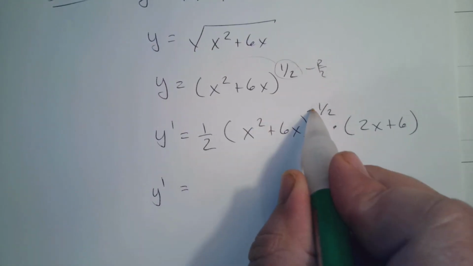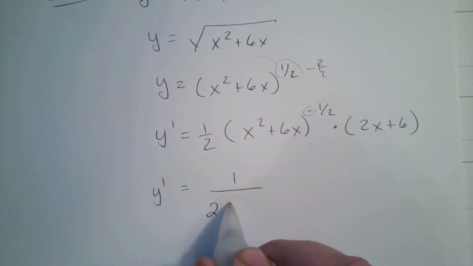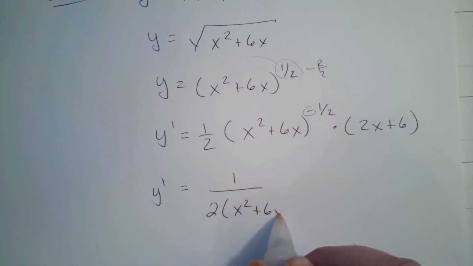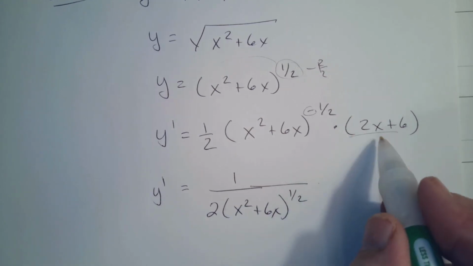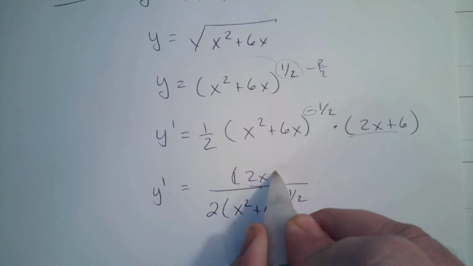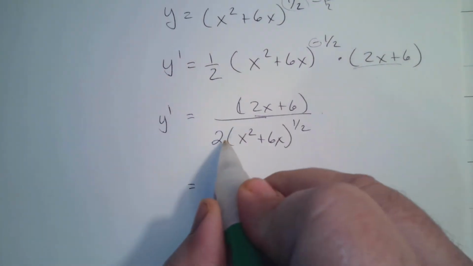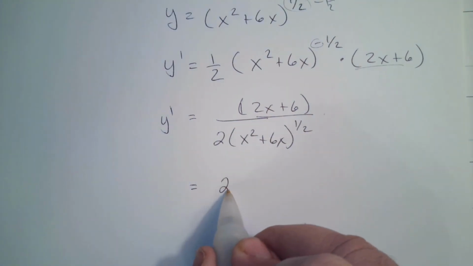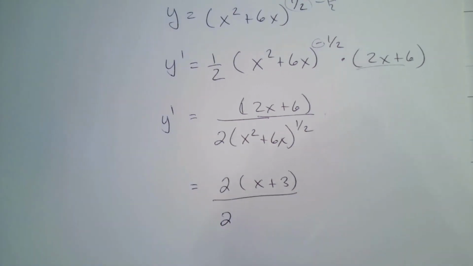So this whole thing, since it's a negative exponent, this is 1/2 times x squared plus 6x to the power positive 1/2 now. Since that's times, so it's 2x plus 6. We can factor out a 2, so we have x plus 3 on top. This is x squared plus 6x.